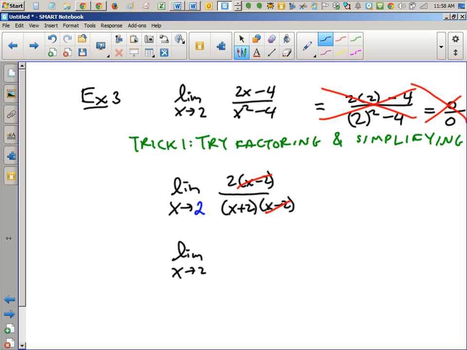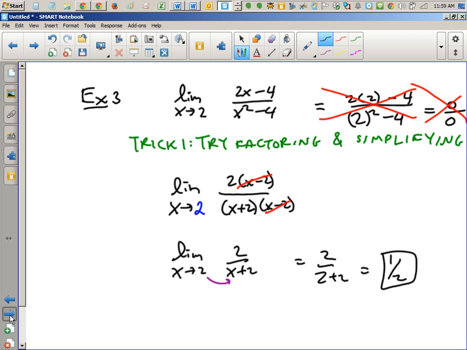Can I plug in the 2 now? Yes, I can. So I'm going to plug the 2 in now, and lo and behold, I get a very meaningful answer, 1/2. So the first trick after plugging it in doesn't work is to simply factor, reduce, and then hopefully you'll be able to plug in the number.